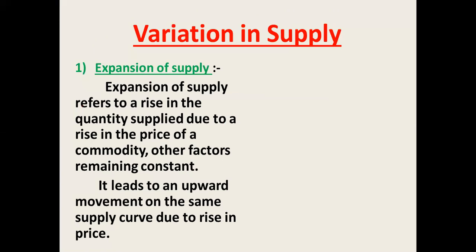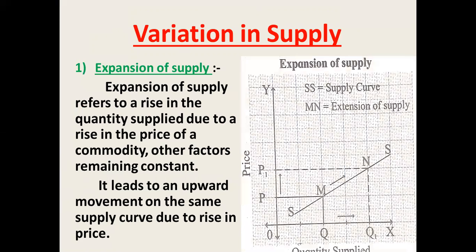Expansion of supply refers to a rise in quantity supplied due to a rise in the price of a commodity. Basically, it's a direct relationship, as we discussed in the last few videos, between the price and the quantity supplied. Direct means that if the price rises, supply automatically rises.